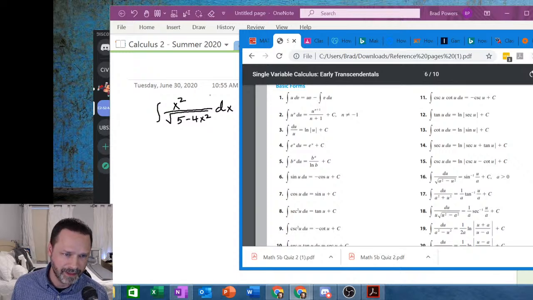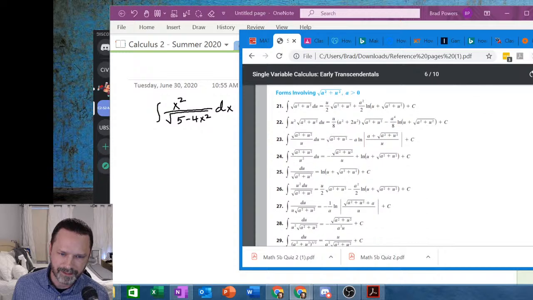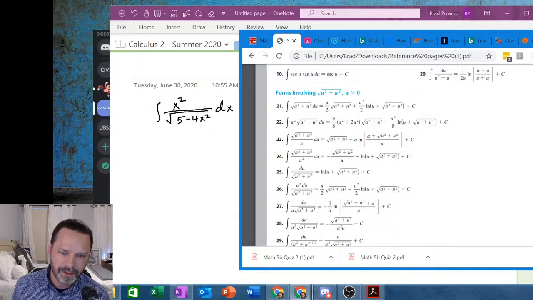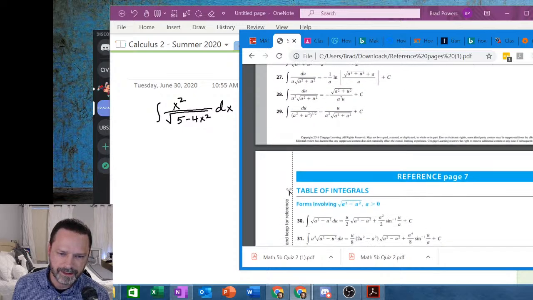We would like something more like a u squared on top. So let's see, is there one with a u squared on top? Maybe. Oh, hey, we'll look at that. u squared, and then I got a squared plus u squared. Not quite, but maybe if I keep looking, we'll find the one we're looking for.